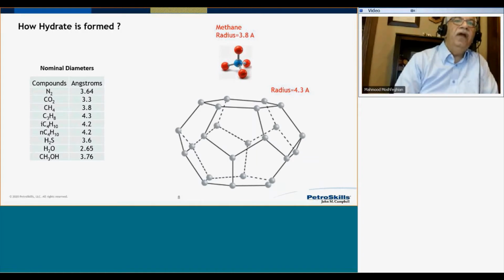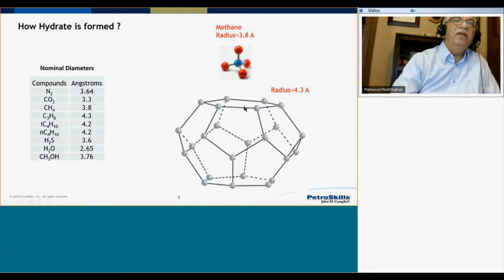So let's see how hydrate forms. To form hydrates, first, as you see in this diagram, these are water molecules at the corner of the surface, and they're bonded together through hydrogen bonding. They form a cage.